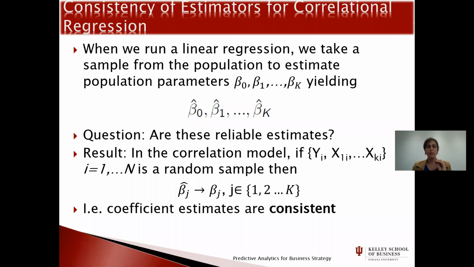As long as you have a random sample, you're fine. You're going to have consistent estimates, if all you're trying to do is correlational regression. See, I have not said causation regression. For causation, we need something else. But if all you're trying to do is come up with predictions, passive prediction, all you need is random sampling, okay?